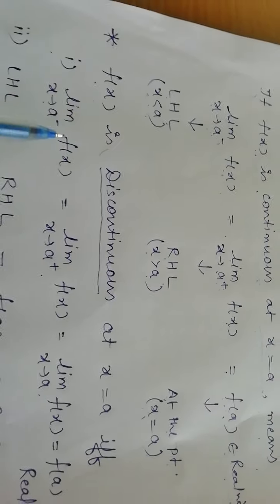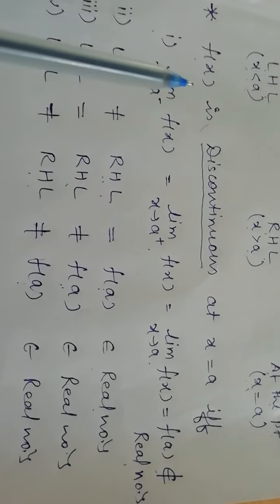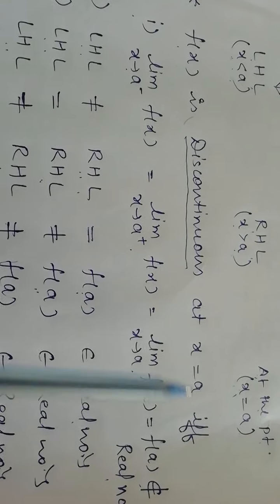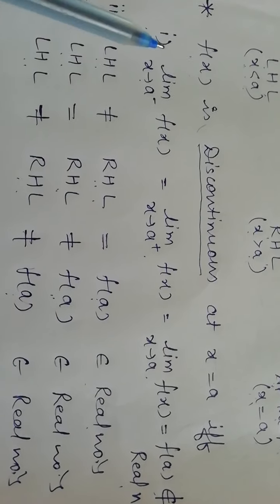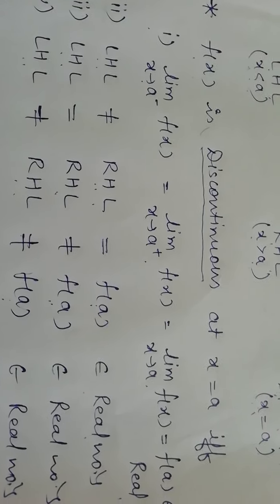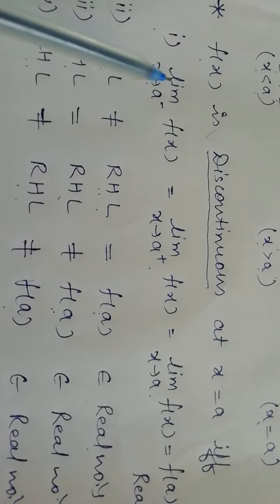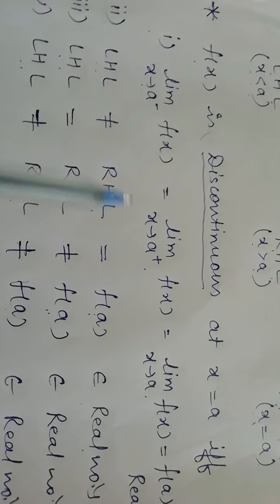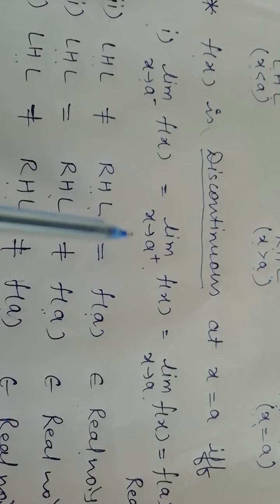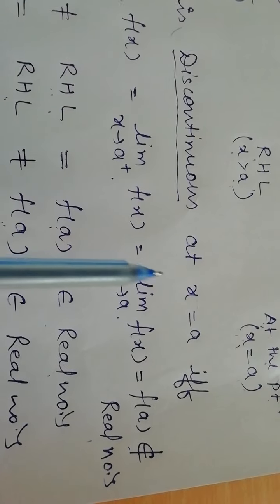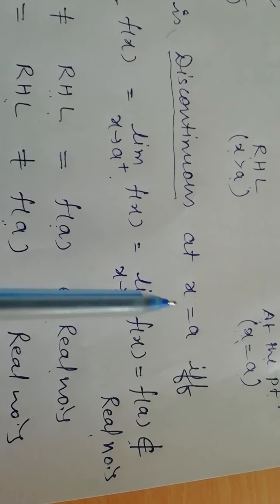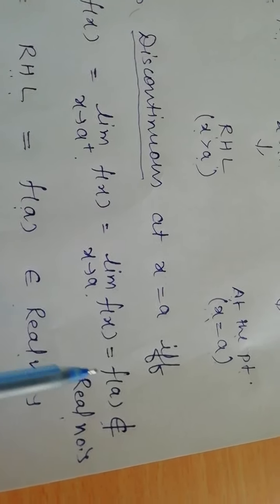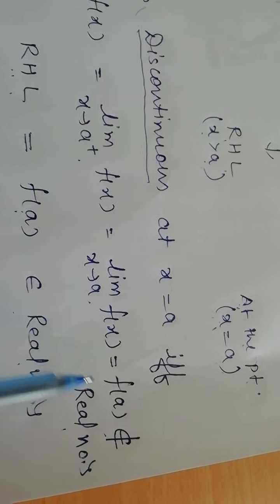Now, discontinuity of the function. So, for any function f of x at any point x is equals to a, if we want to discuss about the discontinuity, then the following ways we can understand. First, limit x tends to a negative of f of x, means left hand limit, should be equals to right hand limit, should be equals to the value of the function at the point, but this does not belong to the set of real numbers.